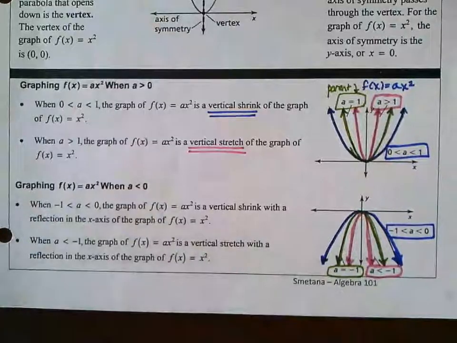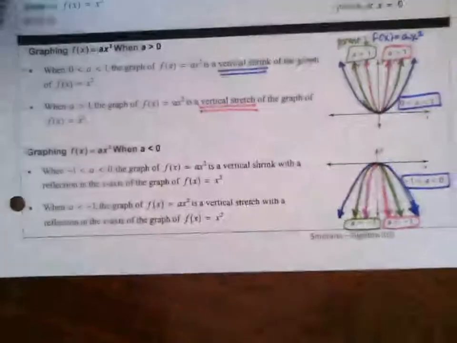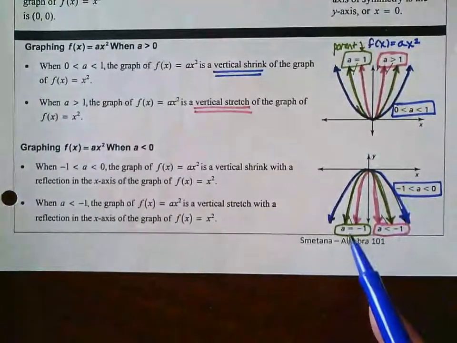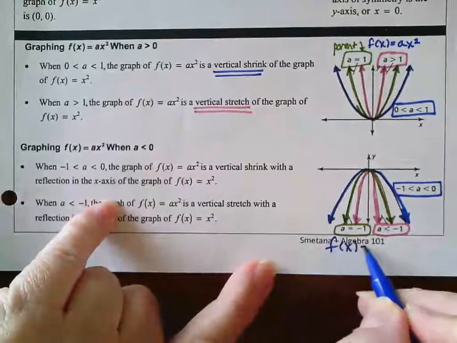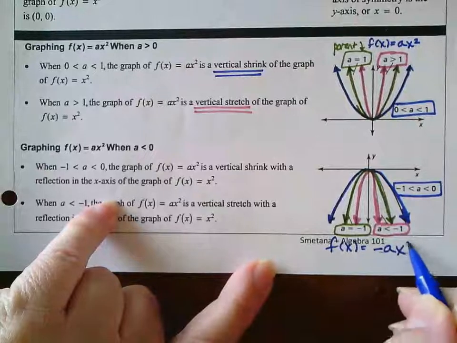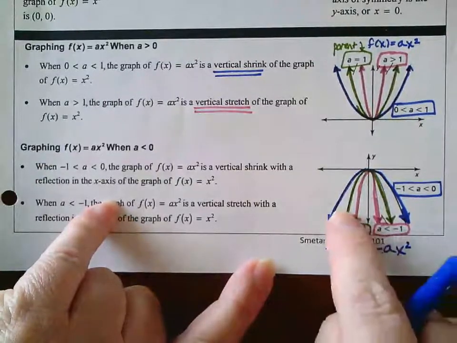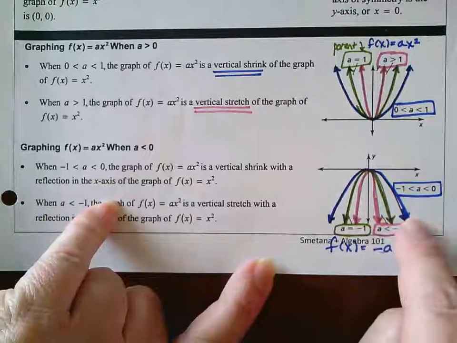Okay? So the same thing can be true if you have a graph where a actually equals a negative. So this would be like saying f of x equals negative ax squared. It's the same as the parent function. It's just a negative, which means now my U goes down. My parabola goes down. So the same thing is true though.